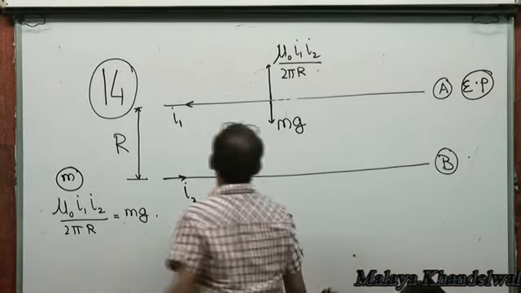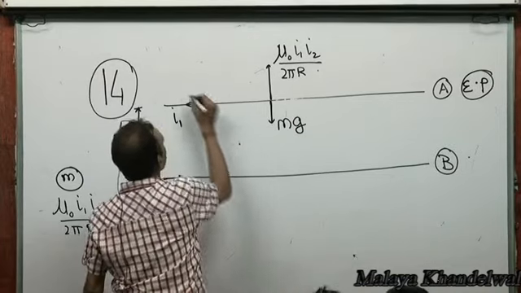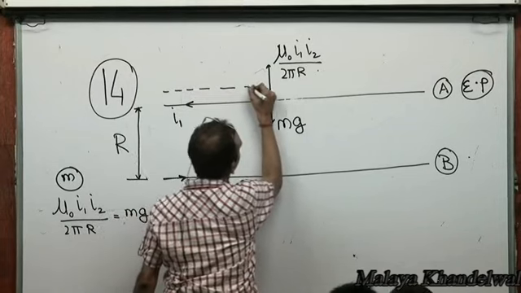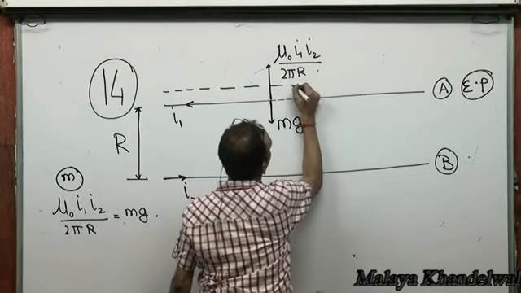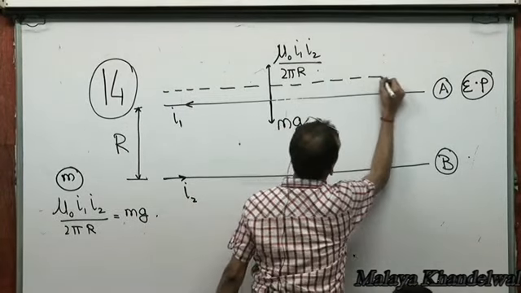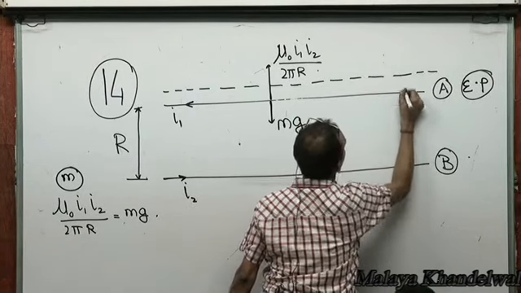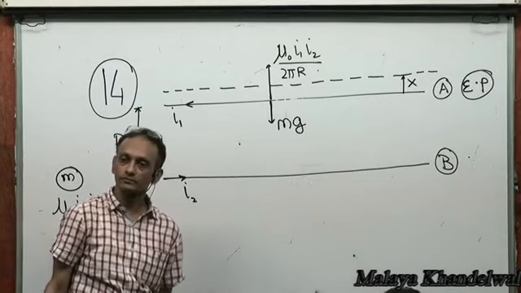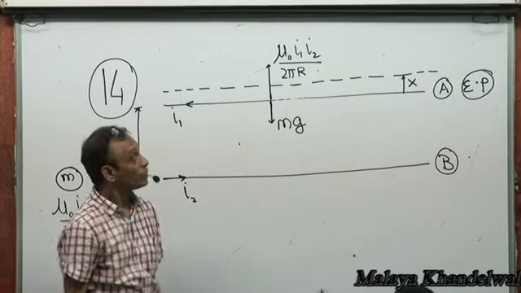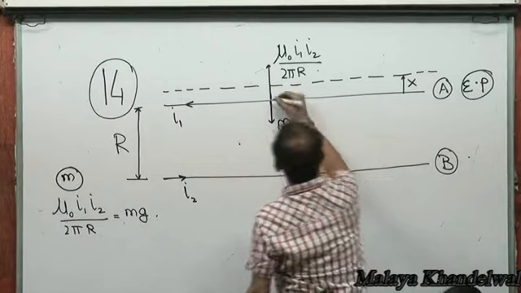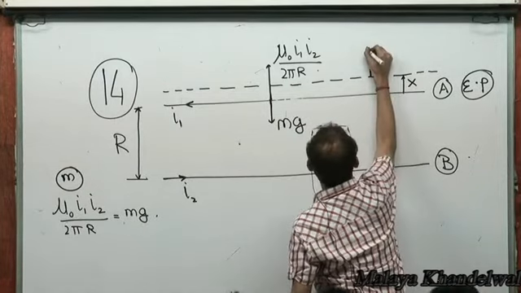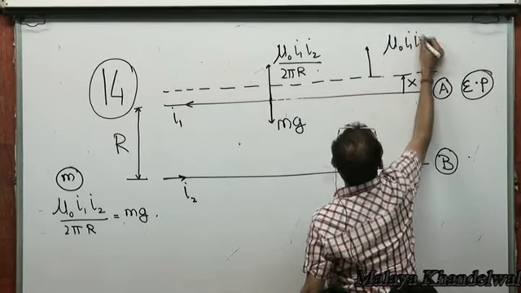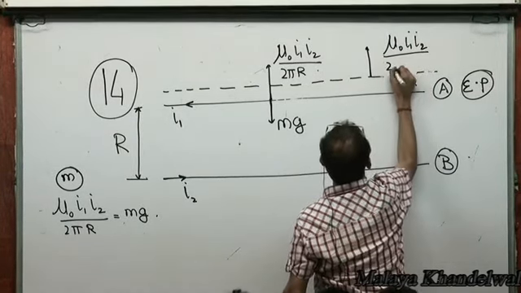I displace A by a small amount x upwards, right? Now, the revised force per unit length is going to be what? Mu naught I1 I2 by 2 pi (r plus x).